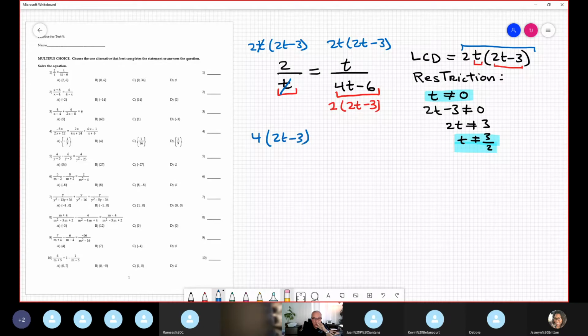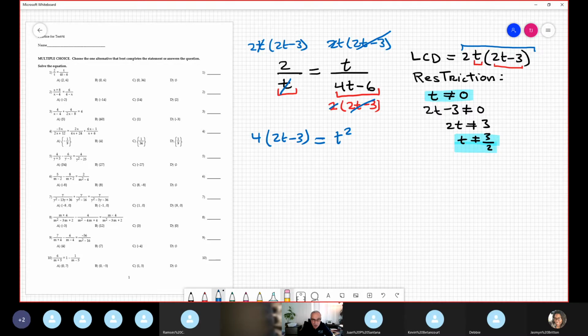This is the left hand side of the equation after the simplification. And the right hand side is more of a simplification: the expression 2t minus 3 is cancelled out and 2 is cancelled out. And what stays is t times t, which is t squared. So this equation now magically doesn't contain fractions. Now we can solve it.